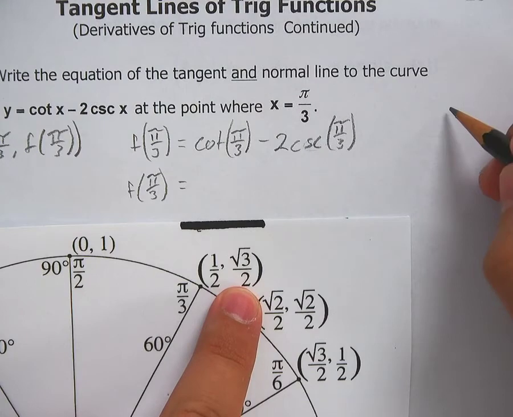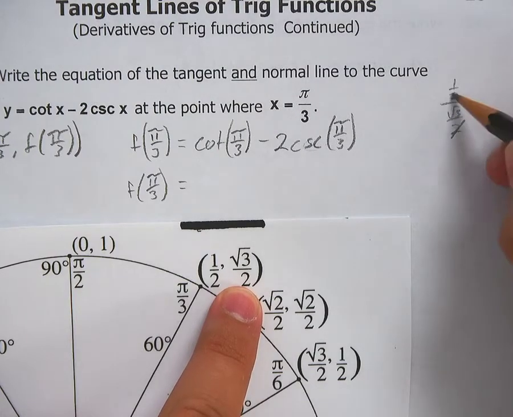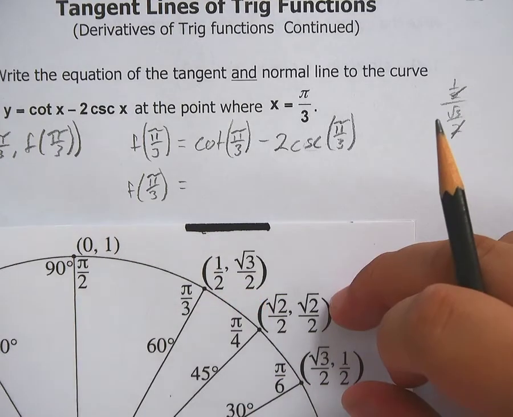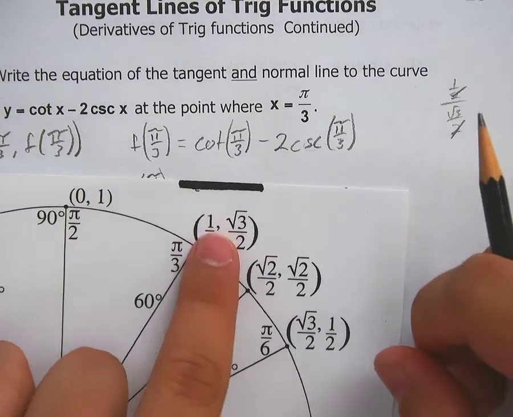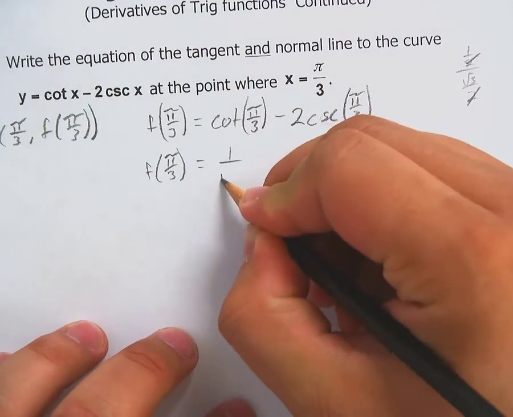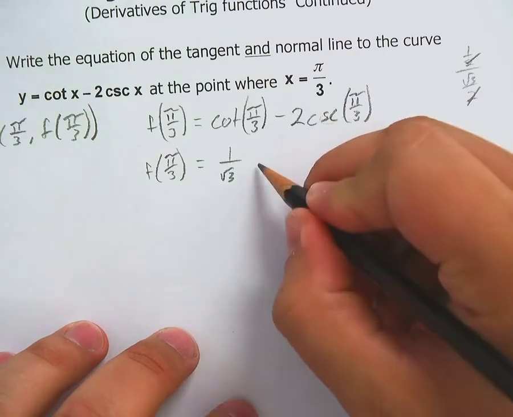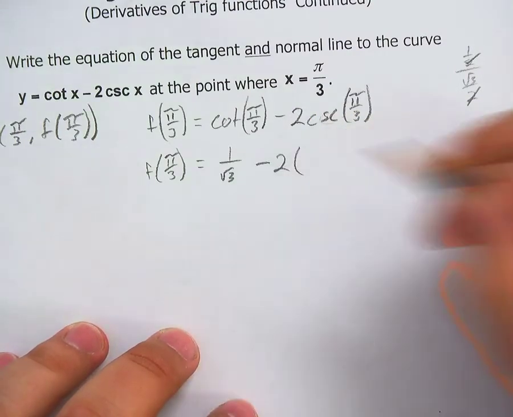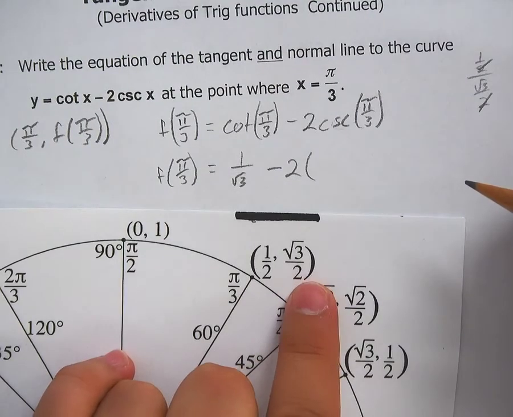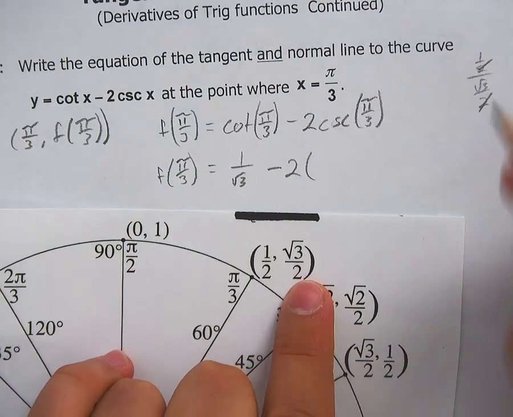Your 2's would cancel. Then you can simplify it a little bit later by multiplying by the square root of 3. Let's save that till the last step. So it's going to be 1 over the square root of 3 minus 2, and for your cosecant value, I go to my y, which is my sine, and I flip it: 2 over the square root of 3.